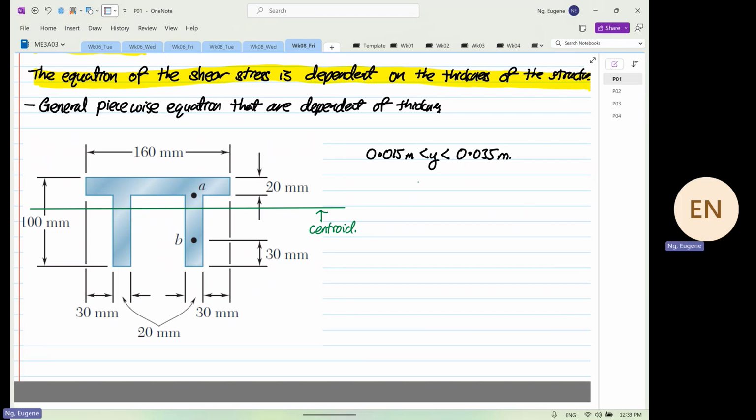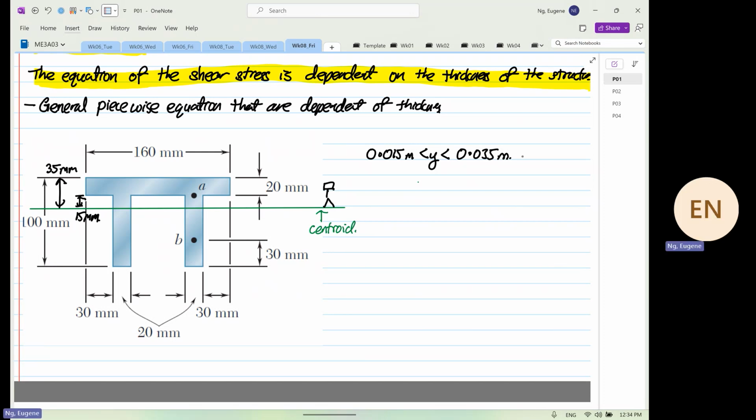Why these limits? So what do we know? The centroid is the geometric datum. The distance from here to here is 35 millimeters. And the distance from here to here is 15 millimeters. So the equation that we are going to form has to be within these limits.